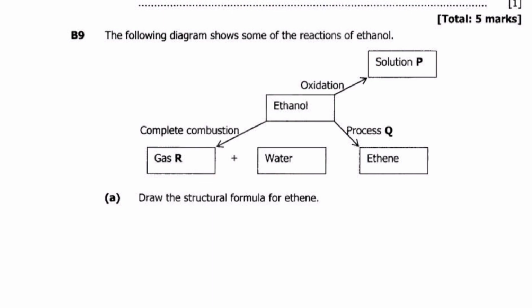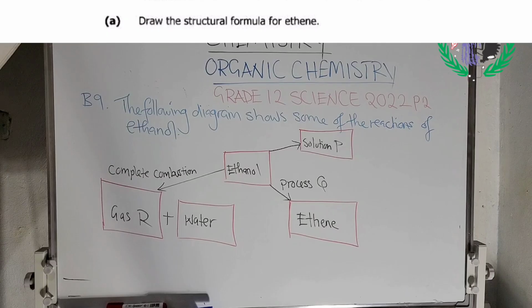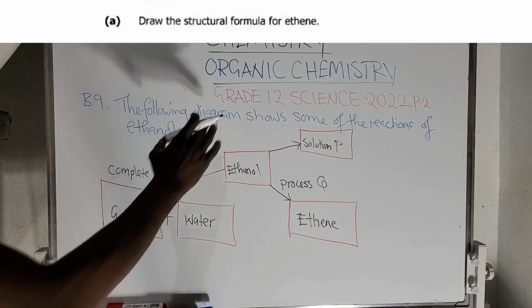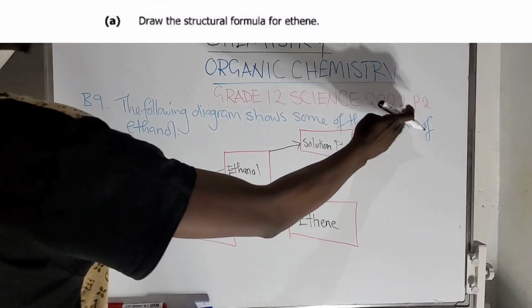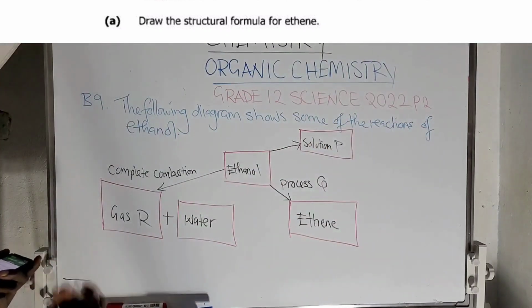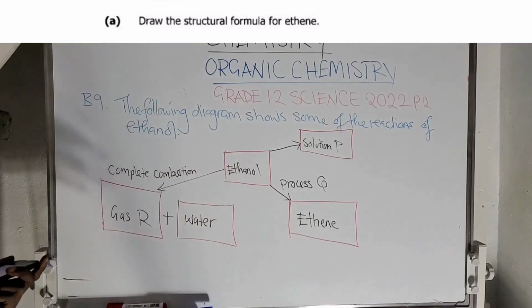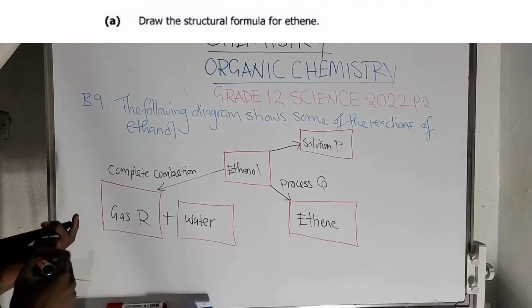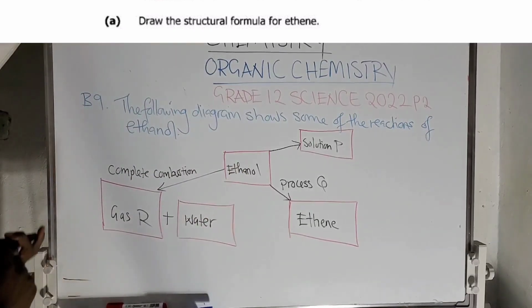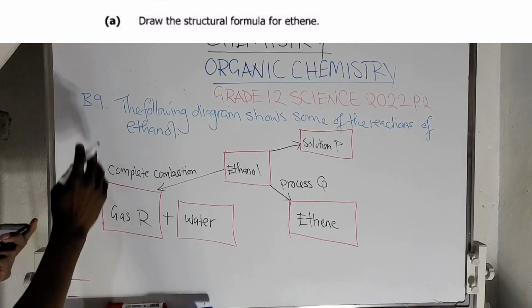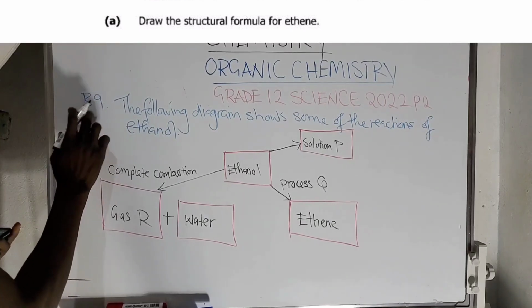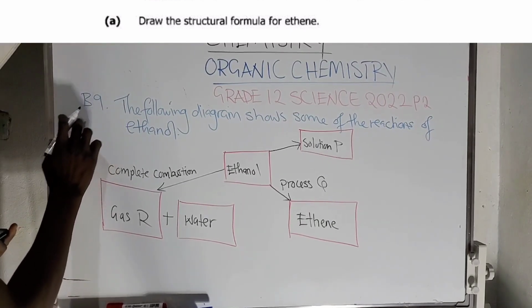Okay, so we are given grade 12 science paper 2 2020. This is the internal or October-November exam. We are answering organic chemistry questions in this series of tutorials. So question B8, meaning section B, question 9.